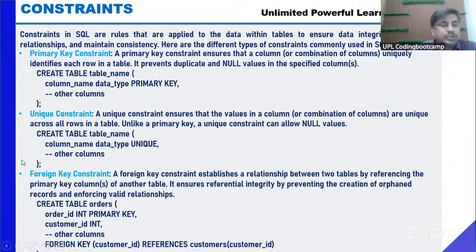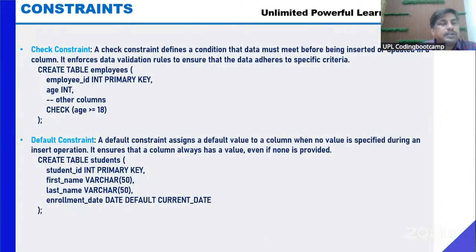Similarly, the unique constraint ensures that only one value it can have: create table, your table name, column name, data type, unique. Similarly, foreign key, we have understood: create table orders, first primary key, and foreign key is nothing but the primary key of the other table. Like customer ID is the primary key of the customers table, which we are referring to here. That means the order is placed by this customer. This type of constraint we call a foreign key constraint.